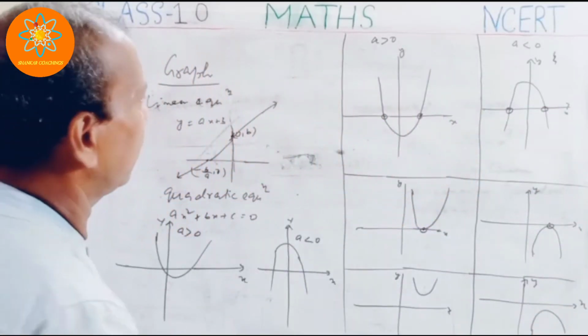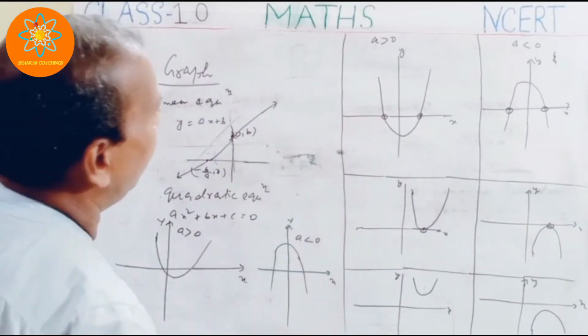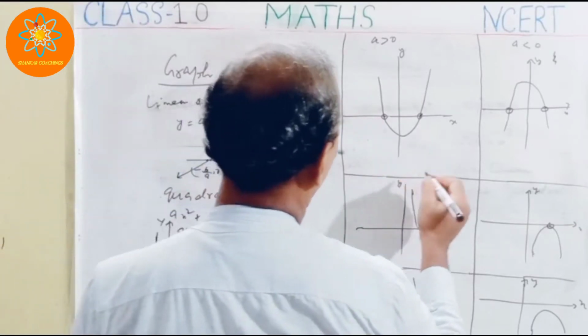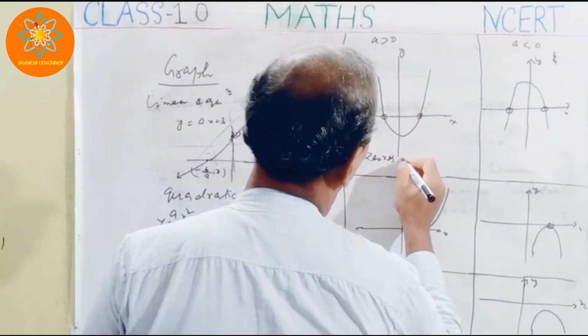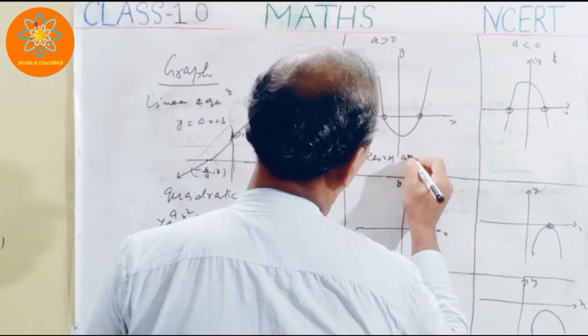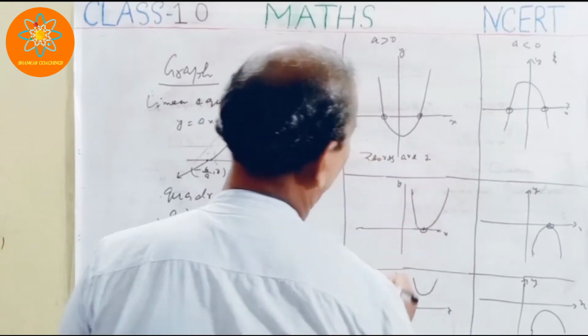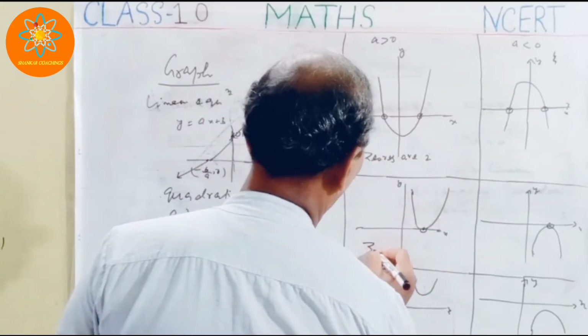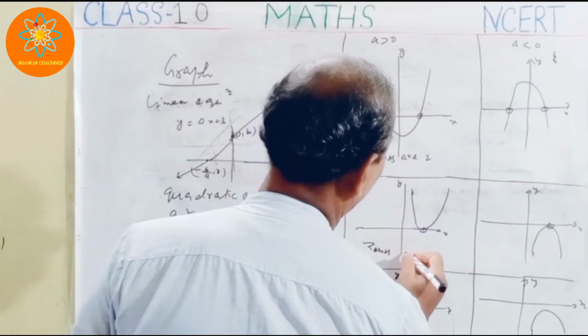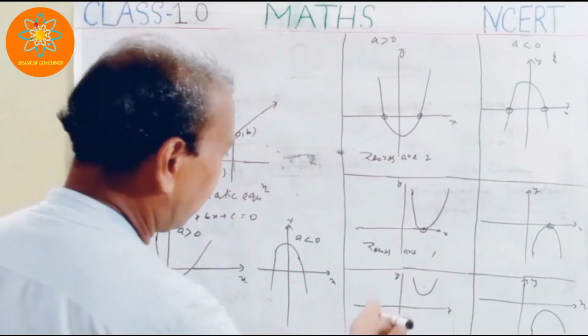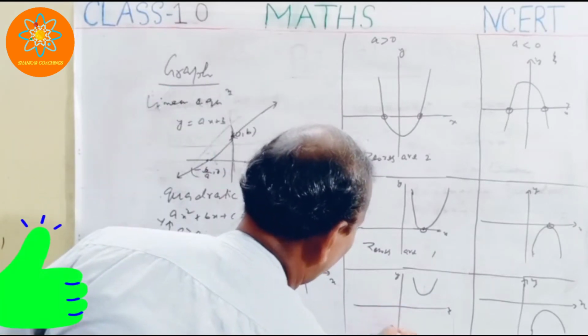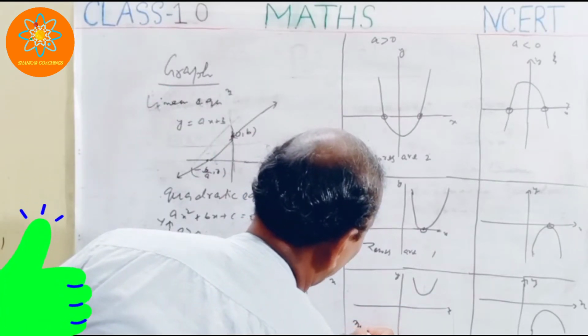So that means the zeros are 2 here. Here the zero is 1. And what about this last one? No zeros.